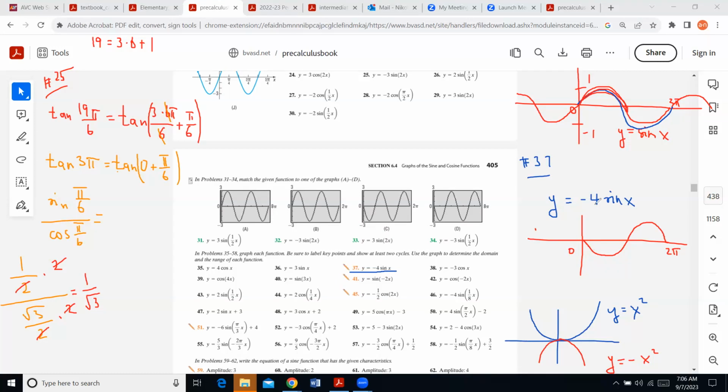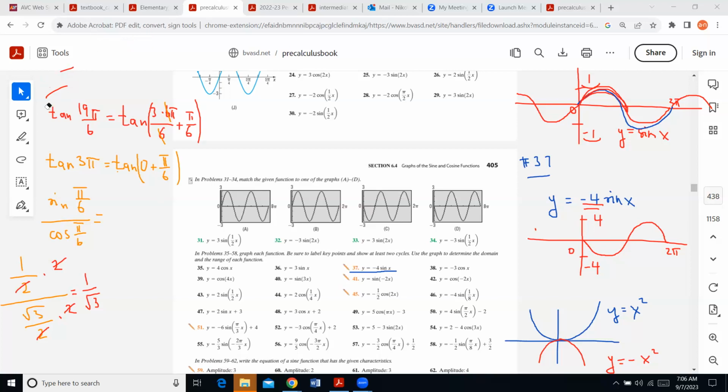Well, it turns out it's multiplied by 4, and that's why we have the so-called amplitude changed. So it used to be between minus 1 and +1. Now, since it's multiplied by 4, it'd be in between minus 4 and +4. Just like that.